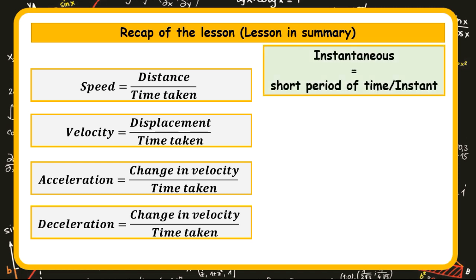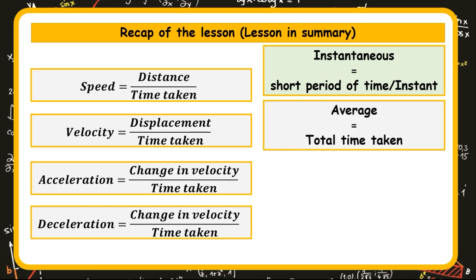For the qualifiers, what we said was if you have instantaneous of any of these figures, it means the time taken is just an instant or a short period. And so I can say instantaneous speed, which means distance over a short period of time, instantaneous velocity, displacement over a short period of time, and so on and so forth. However, the average looks at the total time taken.